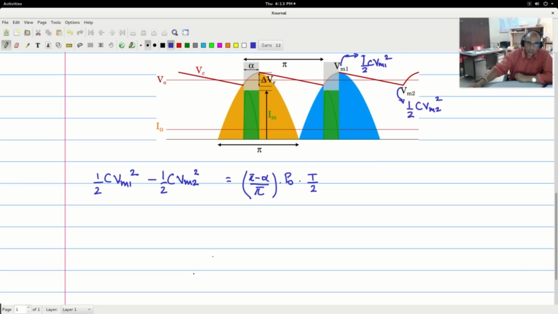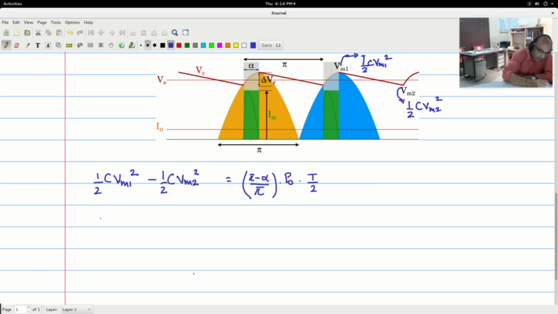So if you look at this equation, pi minus alpha by pi into T by 2 is the weighted period, into P naught, the power put to it. So this is actually the energy, watts into time, watt seconds. That is the amount of energy, half C Vm1 square minus half C Vm2 square, that is put into the load.